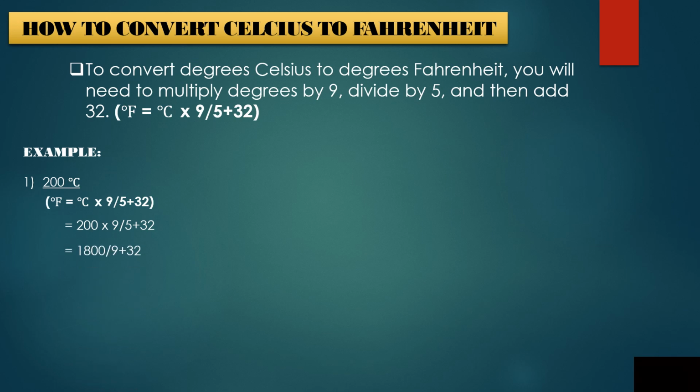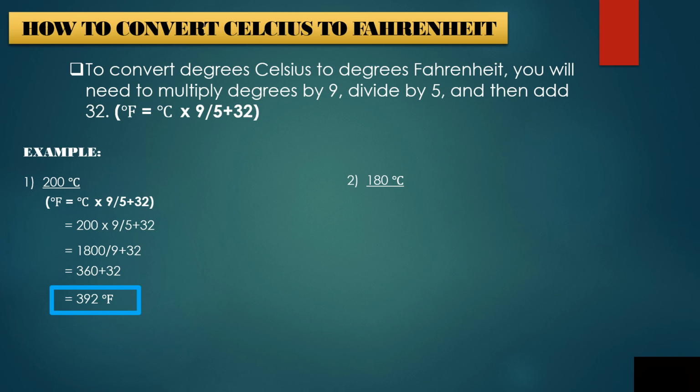So, 200 times 9 is equivalent to 1,800. And then divide natin siya sa 5 plus 32. So, 1,800 divided by 5 is equal to 360. And then plus 32 is equal to 392 degrees Fahrenheit. Okay, so yun yung final answer natin.